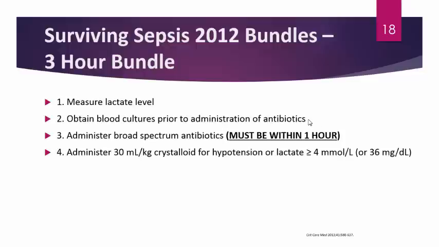If you give antibiotics before you get a blood culture, you may actually eradicate the bug or the pathogen before you actually know what it is. Because if you treat it with antibiotics or antimicrobials at that point, it may be that your blood cultures are actually clear. Then you want to administer broad spectrum antibiotics.